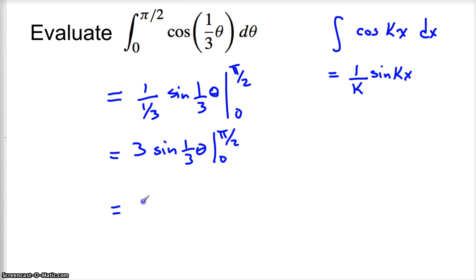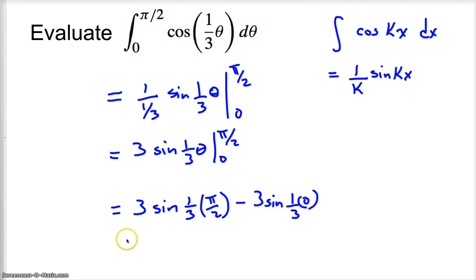So we substitute 3 sine 1/3 theta. Now theta is pi over 2. And we're going to subtract 3 sine 1/3 of 0. More simplifying here, 1/3 times pi over 2 is pi over 6 minus 3 sine 1/3 of 0, 0.